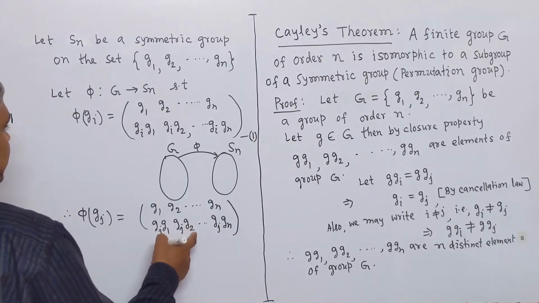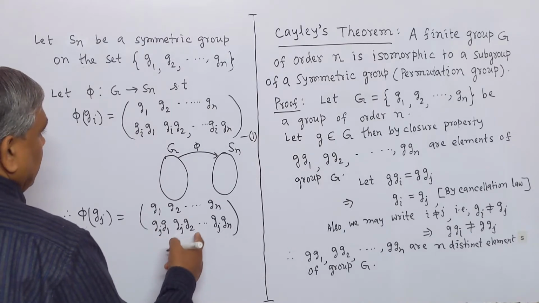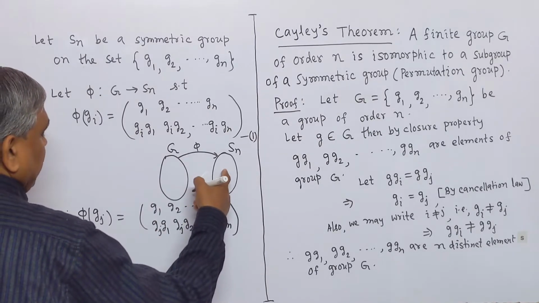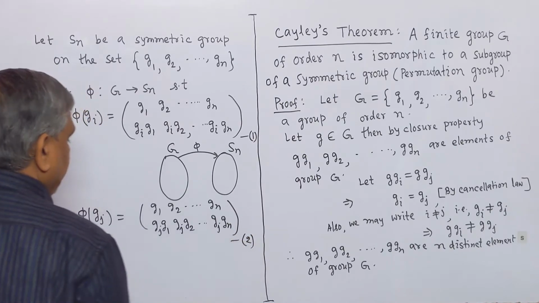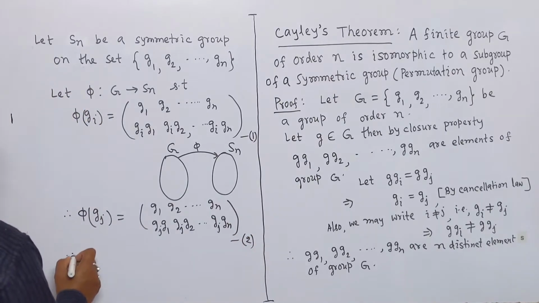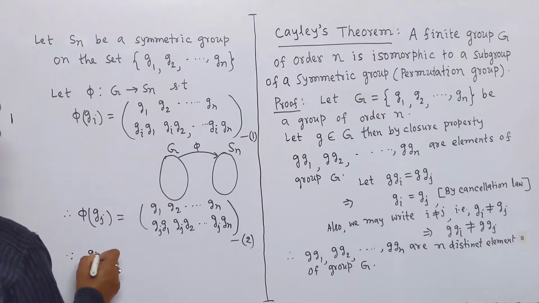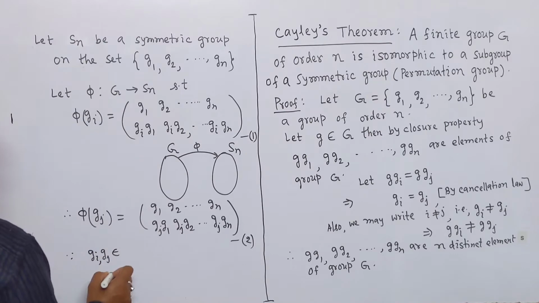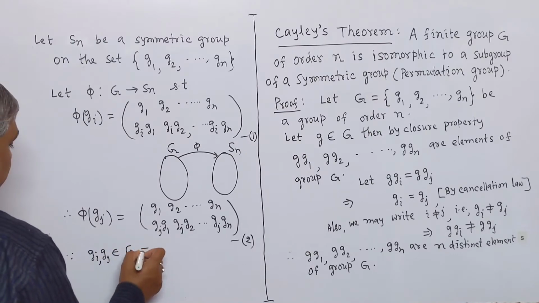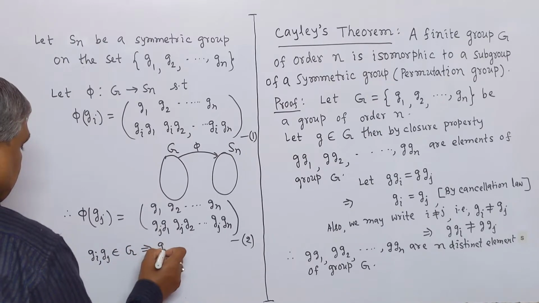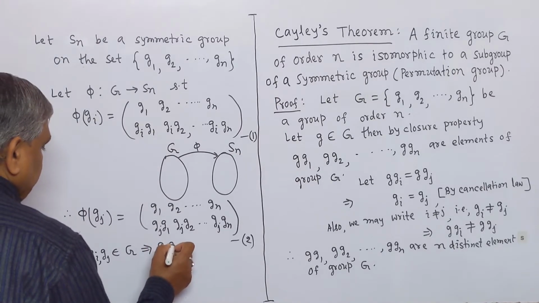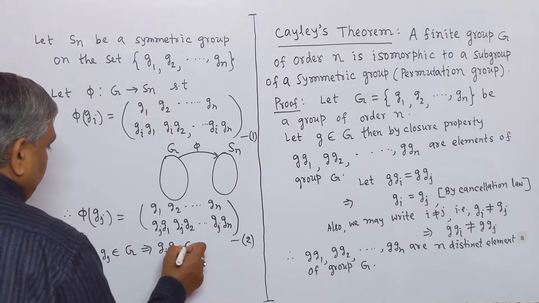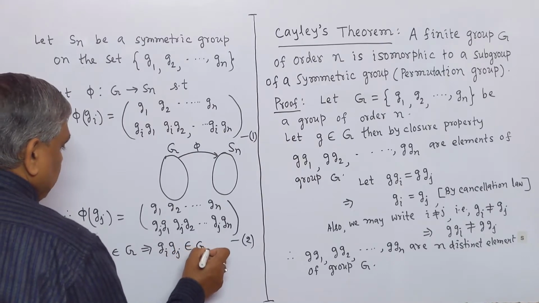This is also another permutation belonging to Sn. This is number 2. Since gi, gj belong to G, this implies gi operation gj belongs to G by closure property.